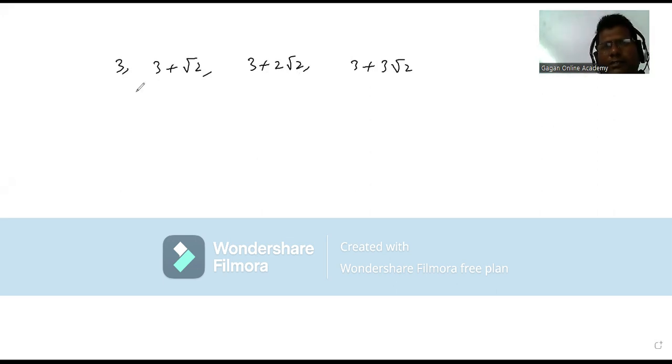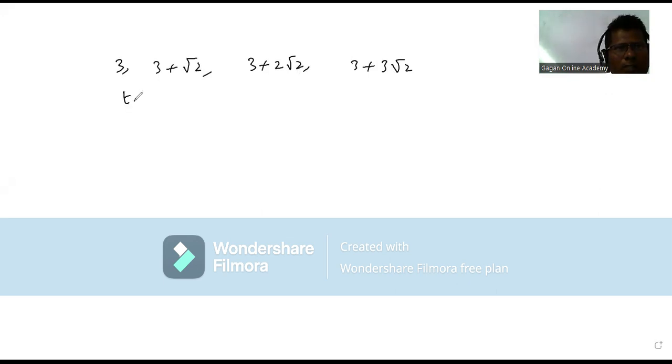Next question. That is the fifth question in your book. Let us solve another question: 3, 3 plus root 2, 3 plus 2 root 2, 3 plus 3 root 2. Now we have to check whether this is in AP or not.